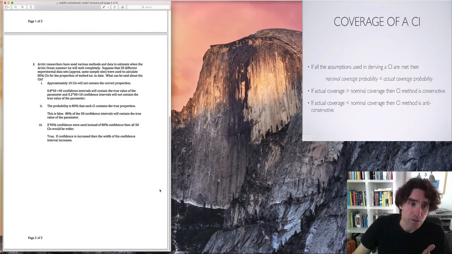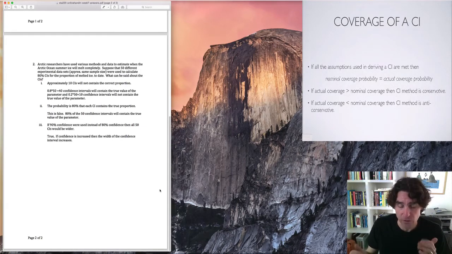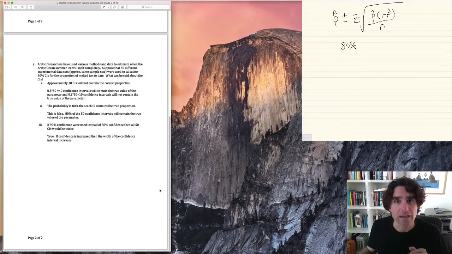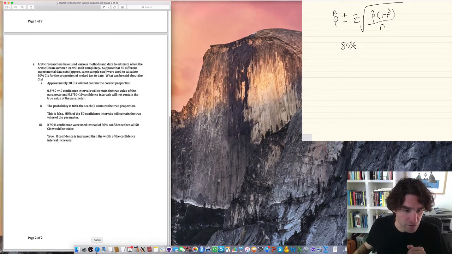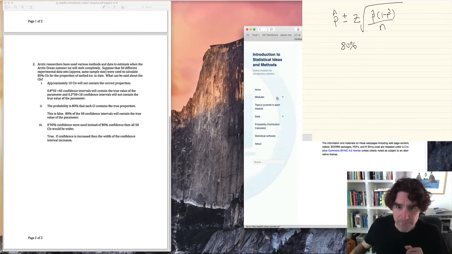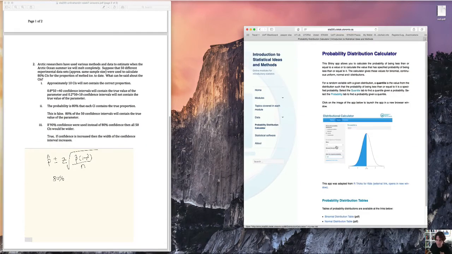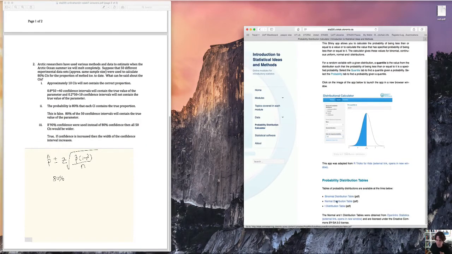And if 90% were used instead of 80% confidence, then all 50 confidence intervals would be wider. This is true. If the confidence is increased, then the width of the confidence interval also increases. How can we find 80%? Well, we can go to the t-table, which we can find here.